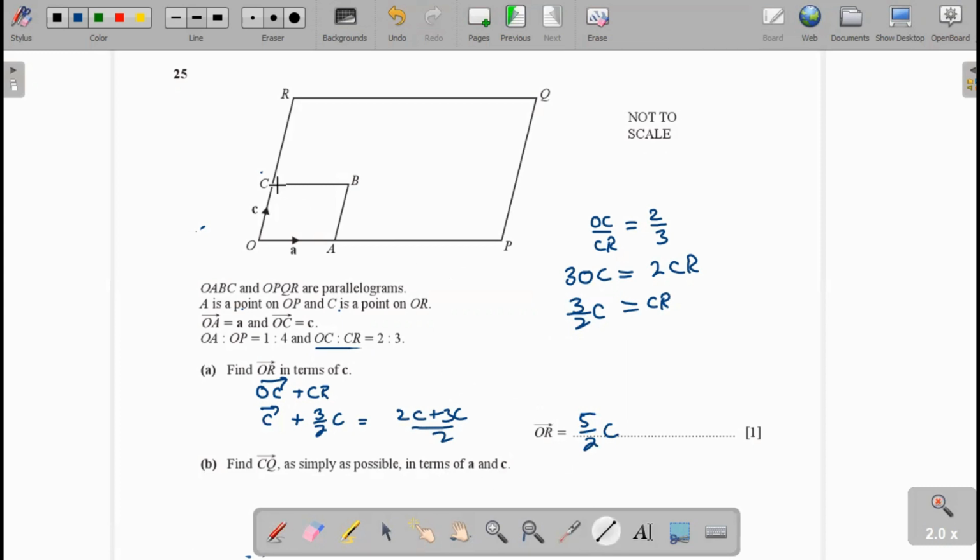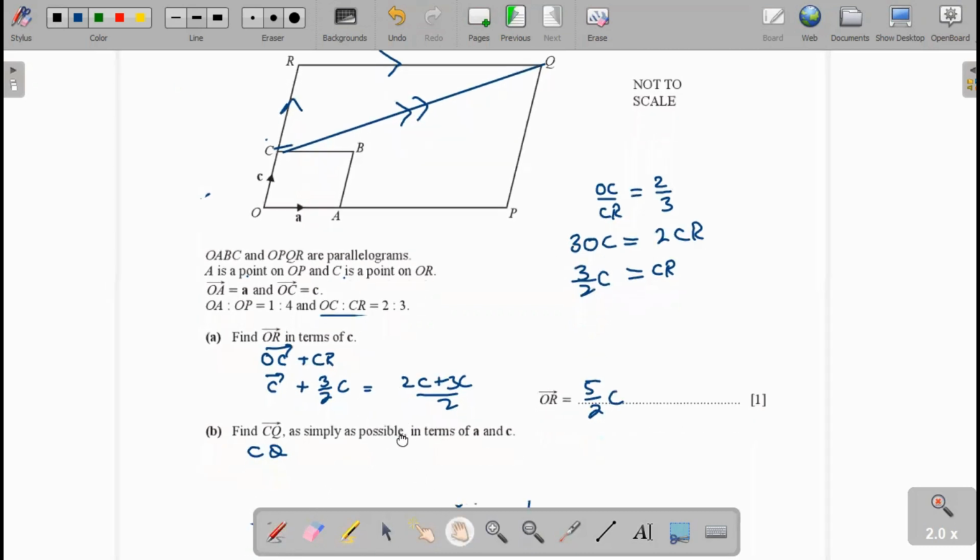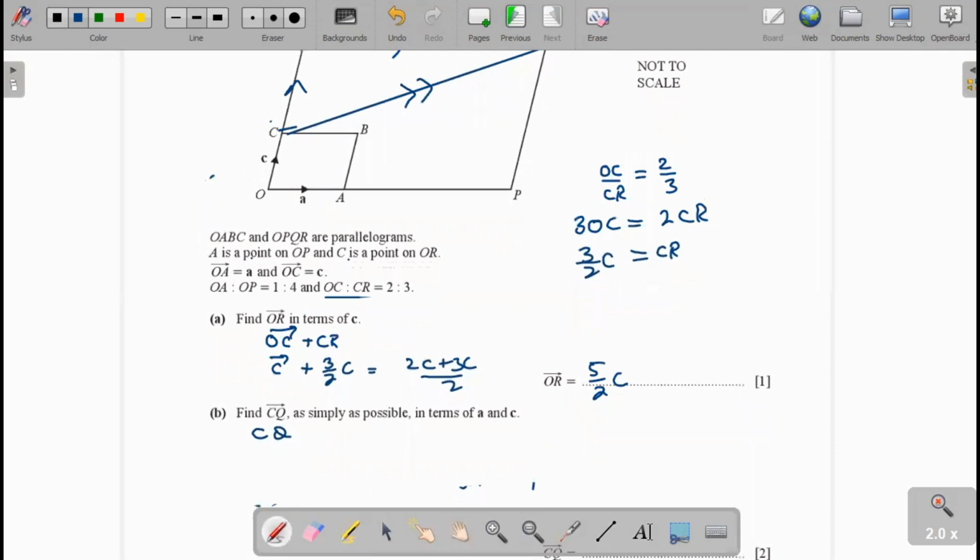Next part: find CQ as simply as possible in terms of a and c. Now this is the CQ value, this is CQ. This value can be found by using the head to tail rule. CQ is equal to CR plus RQ.